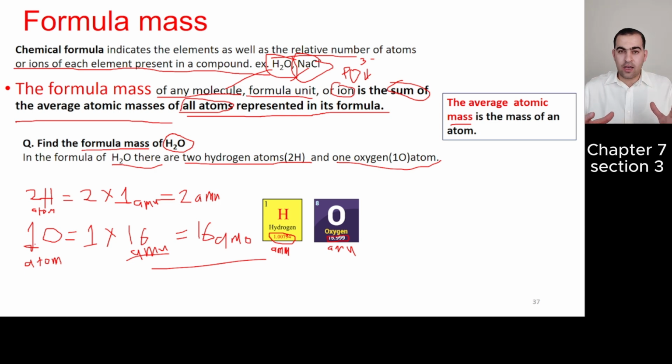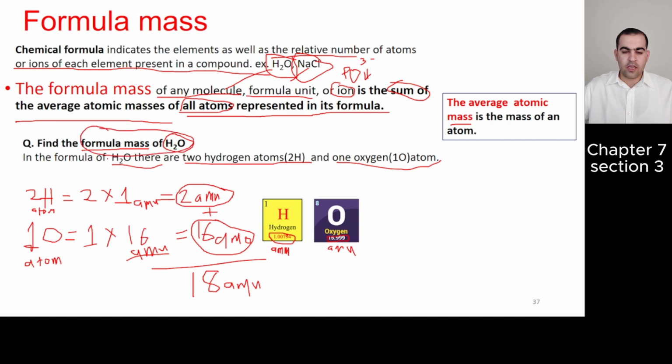So 2 AMU plus 16 AMU, the mass of 2 hydrogen and 1 oxygen, equals 18 AMU. So what is this number? It is the formula mass of H2O.